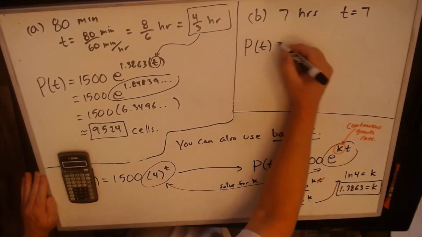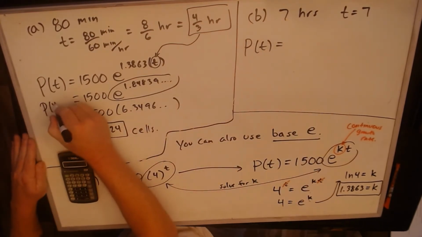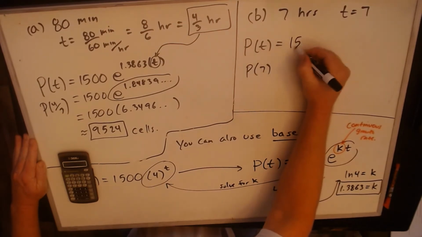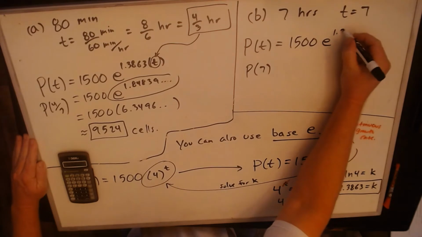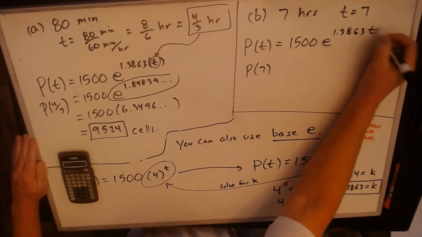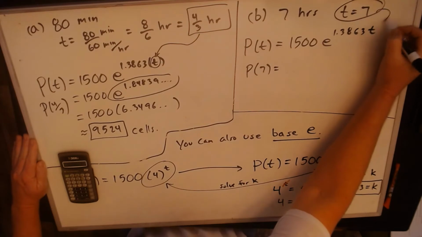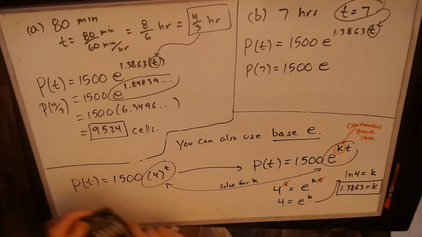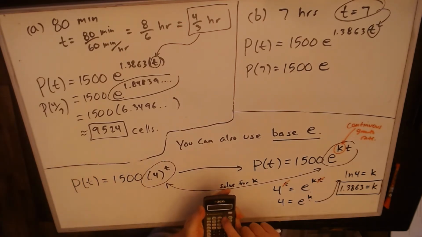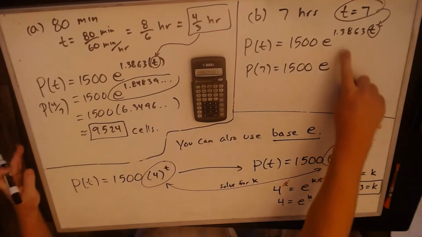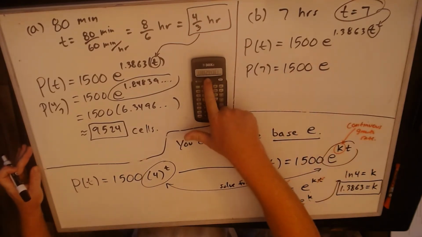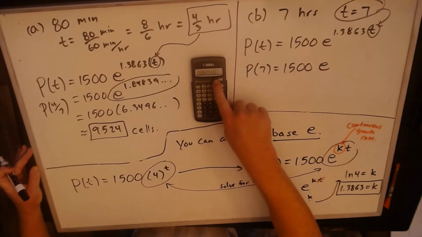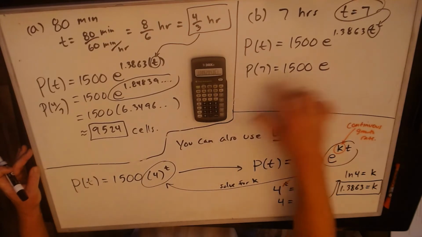P of t, so this is P of 4/3. Over here I'm doing P of 7. So I've got 1,500 times e to the 1.3863t. I'm going to plug in 7 for t. So let's see. So I've got my 1.386294361, or you can just round it to 4 decimal places.